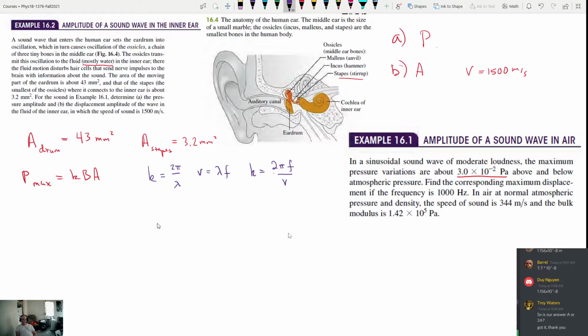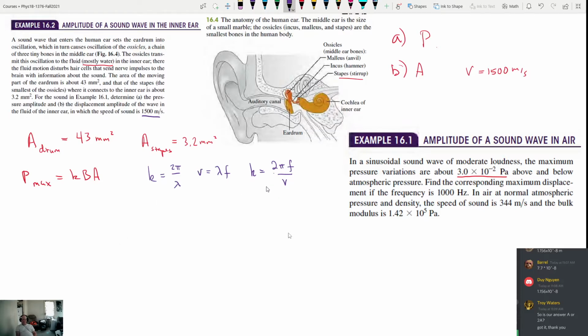What do you all think? Just writing down all the equations that we have. How do we get started here? We have a new sound, or a new velocity, right?